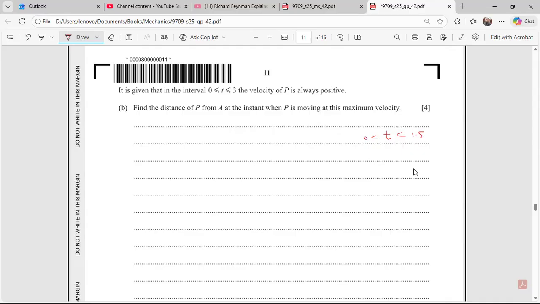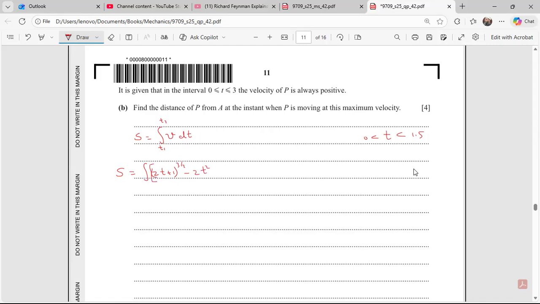So how will we do that? You know that the distance can be found by integrating the velocity from this time to this time. In our case, velocity is 2t plus 1 power 3 by 2 minus 2t square.